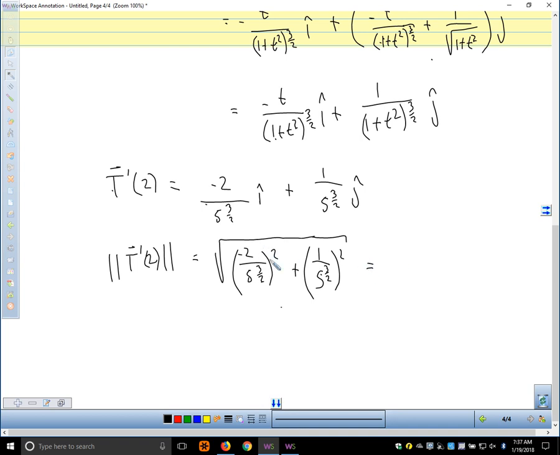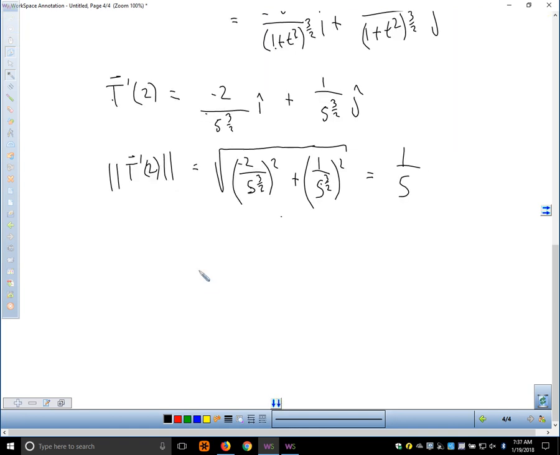We get a 5 in the numerator and a 5 to the 3rd in the denominator, so this simplifies to 1/5. 2 squared plus 1 squared is 5 in the numerator. 5 to the 3 halves squared is 5 to the third, so you get 5 over 5 to the third, so it's going to be 1 over 25, and the square root of 1 over 25 is 1/5.